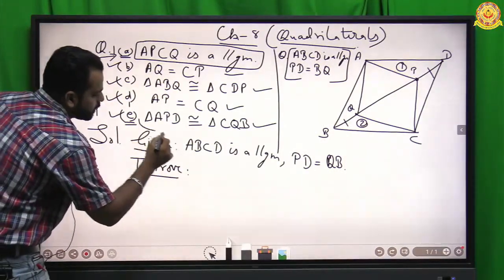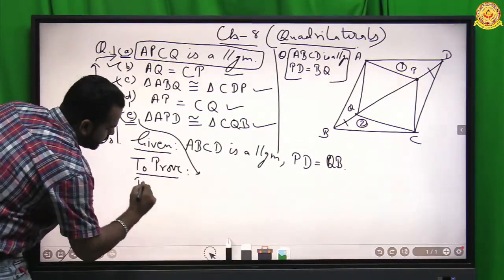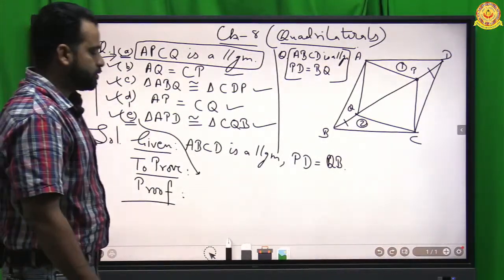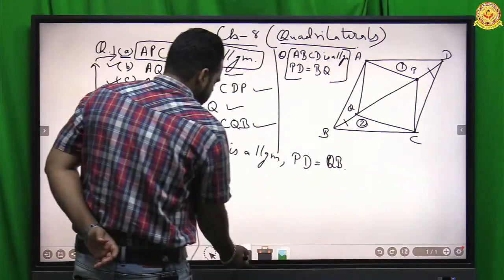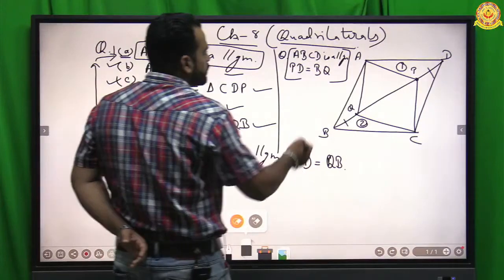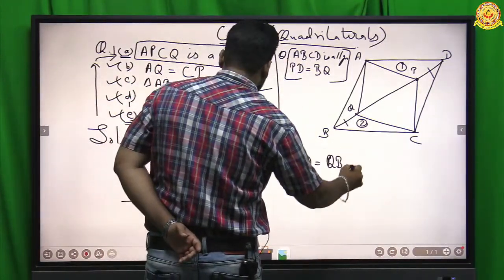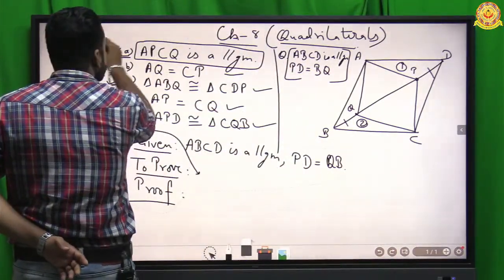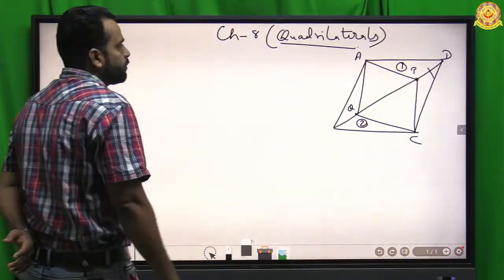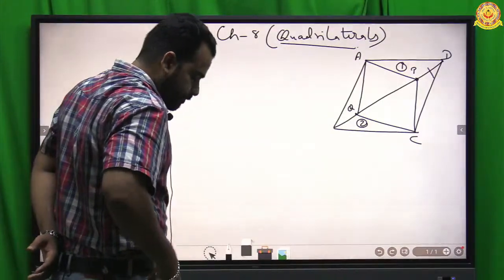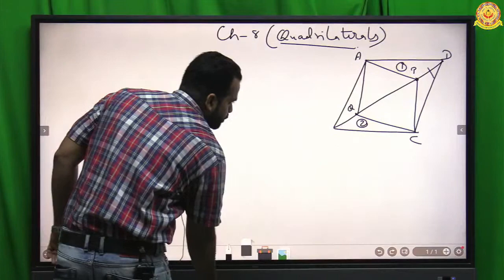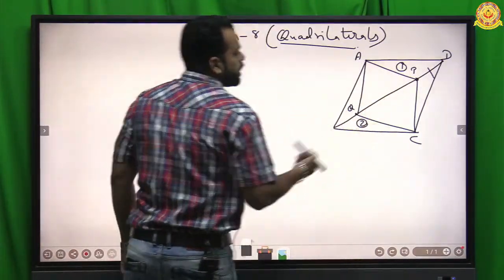And what are the proof statements? Here we write what we need to prove. First thing we need to prove here is that the triangles are congruent.